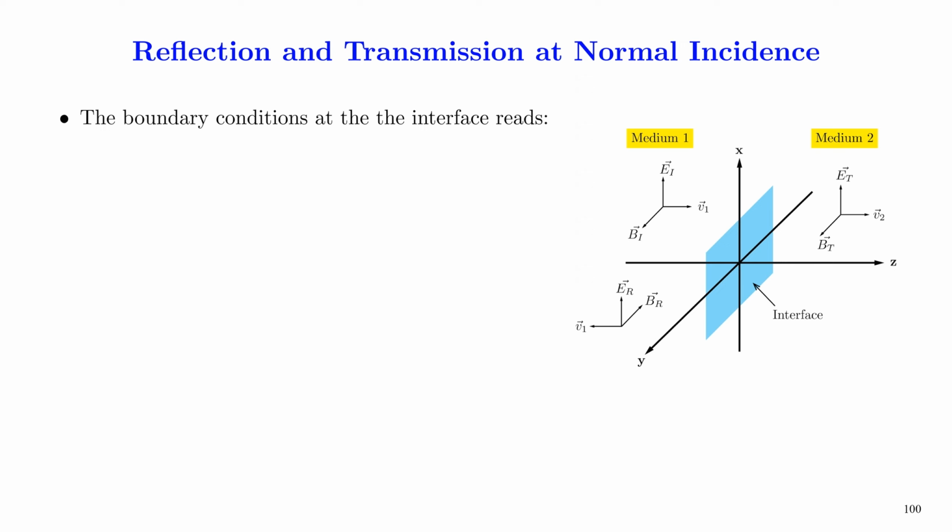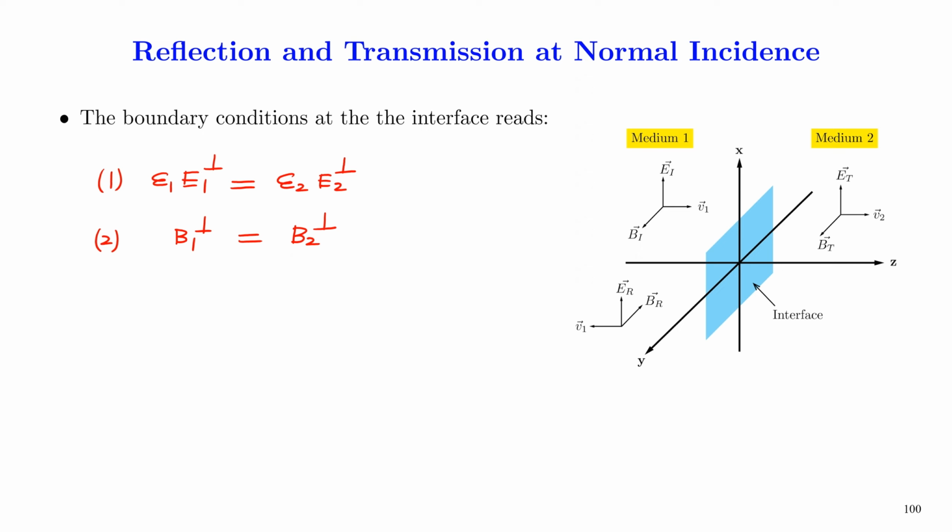We are already familiar with the boundary conditions that are to be satisfied by E and B when the electromagnetic wave travels from one medium to another. The condition for the perpendicular component of the electric field on either side of the interface is ε1 E1⊥ equal to ε2 E2⊥. For the magnetic field, it is B1⊥ equal to B2⊥.